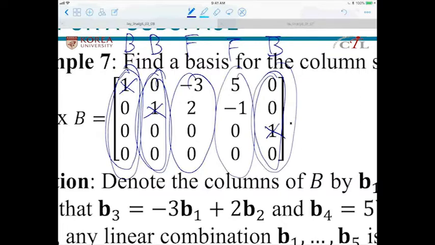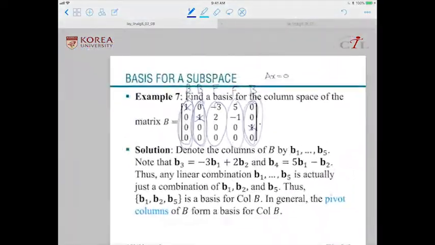That will be your basis for the column space, okay? And again, they are linearly independent, and they still fully span the column space of A, right? So in other words, the span of all the 5 vectors is the same as the span of only those 3 columns corresponding to the basic variables. Any questions?